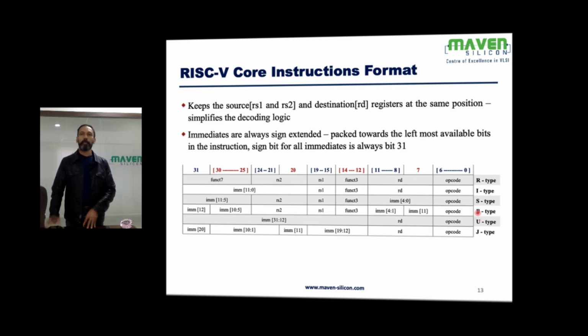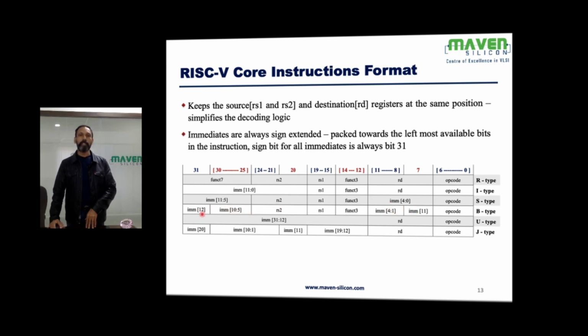Next is B type, branch type. It will always check the condition using RS1 and RS2 as operands. RS1 is the same as RS2, or RS1 is less than RS2. There could be different conditions. If the condition is true, then it will jump to the address defined by the immediate value.